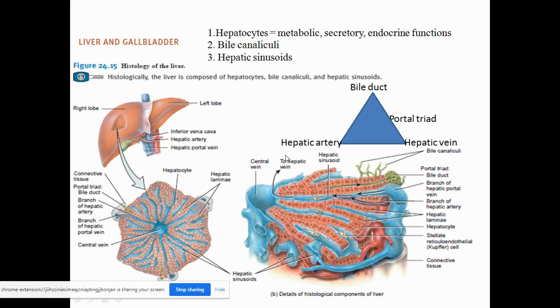Whatever the hepatocytes secrete is stored and concentrated in the gallbladder, and it flows into the duodenum as and when required in the form of bile, concentrated form. So that is how the liver and the gallbladder work hand in hand in a coordinated manner. Not only this, it has many endocrine as well as excretory functions. So the liver performs a variety of functions like metabolic function, secretory function, excretory, and endocrine functions.